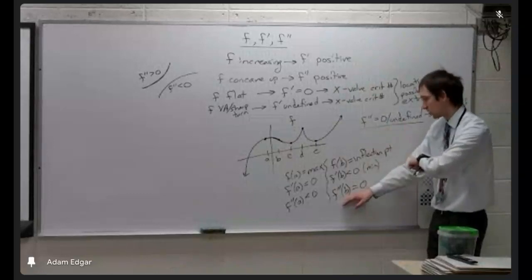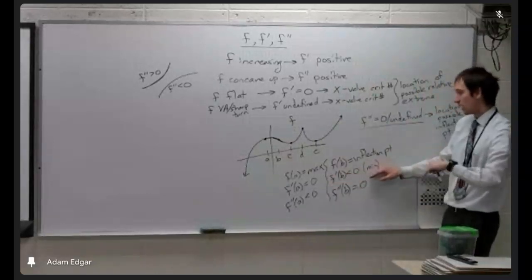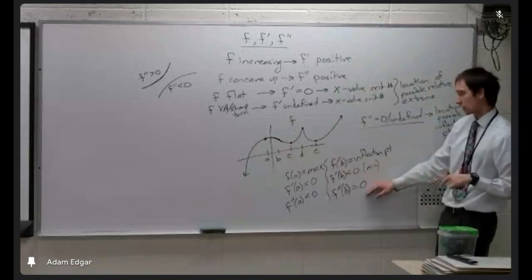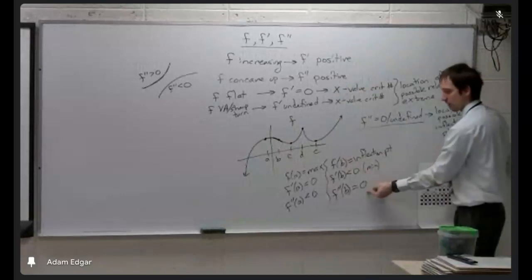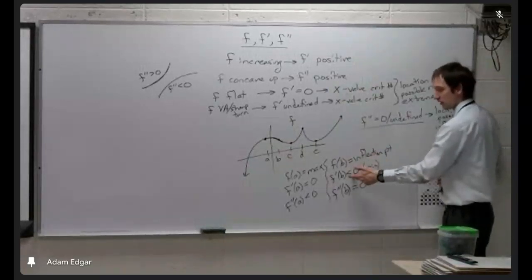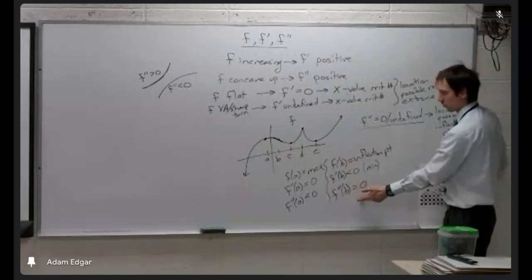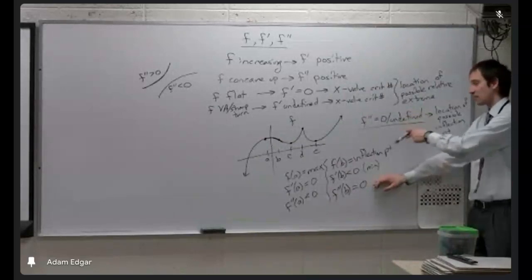That means f prime is decreasing and then increasing, so it has a minimum there when we have an inflection point. That's what's a little tricky, the relationship between f prime and f double prime at inflection points. Where f prime has a max or a min is where f double prime can equal 0, and therefore we have an inflection point on the graph.